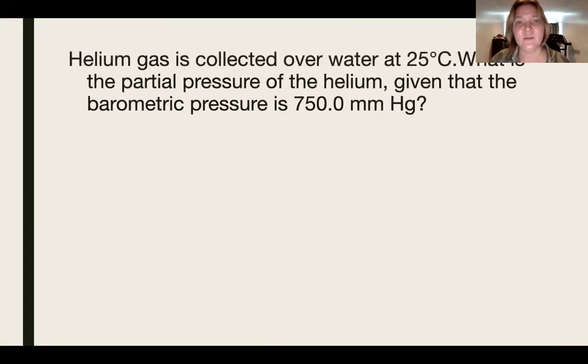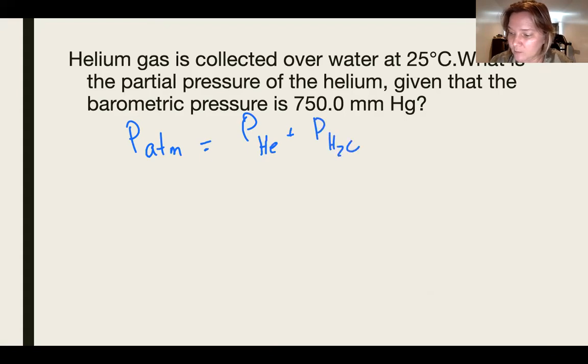And we'll do one more. Helium gas is collected over water at 25 degrees C. What is the partial pressure of the helium given that the barometric pressure is 750 millimeters of mercury? Again, we've got PATM is equal to PHe, this time it's helium, plus PH2O.